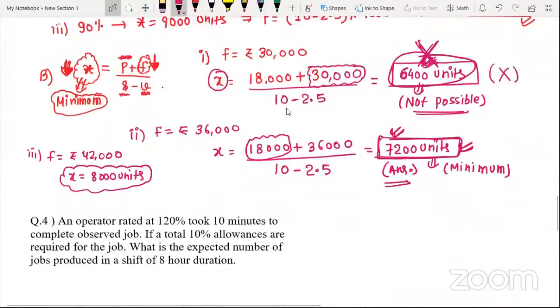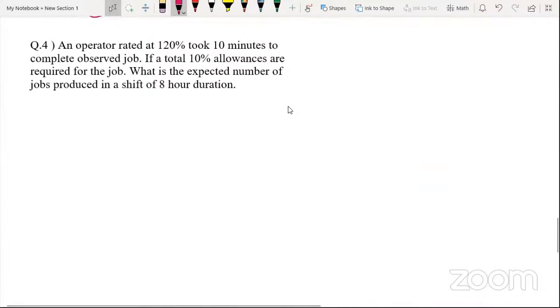Now we will take our fourth question. This question is from work study. So question is very simple. Now we are moving into our next topic, that is work study.